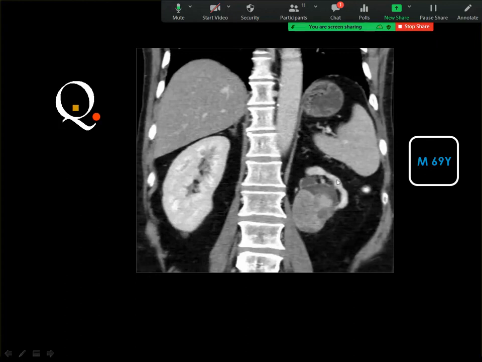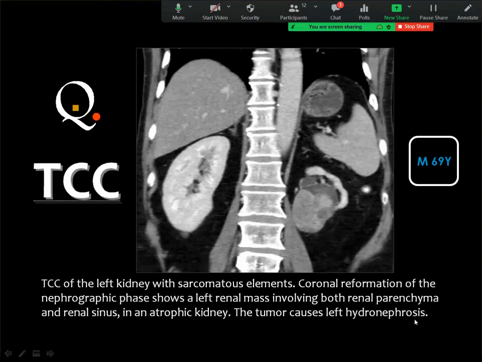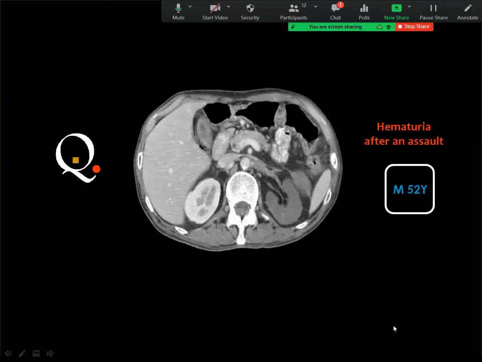The kidney is markedly atrophic, possibly due to obstructive changes with loss of the renal parenchyma, the classic appearance of transitional cell carcinoma.